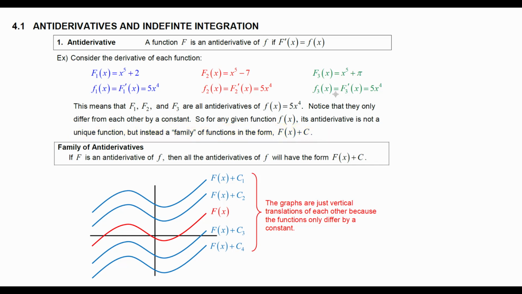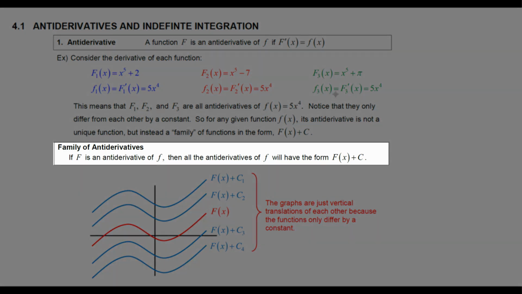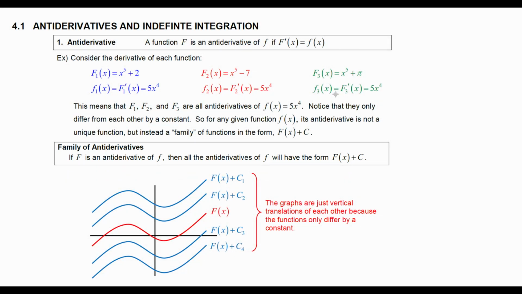So when you take the antiderivative, you always have to attach this c, which means any constant out there. If capital F is an antiderivative of f, then all the antiderivatives of small f have the form capital F of x plus c.